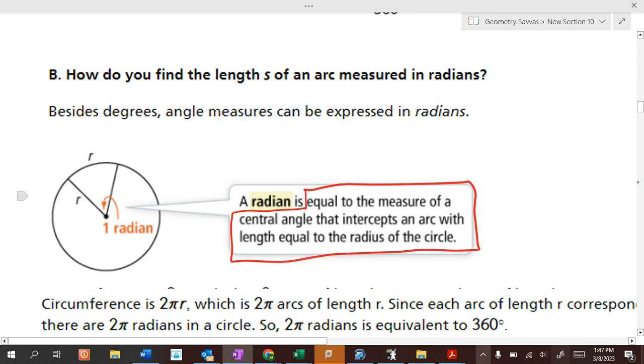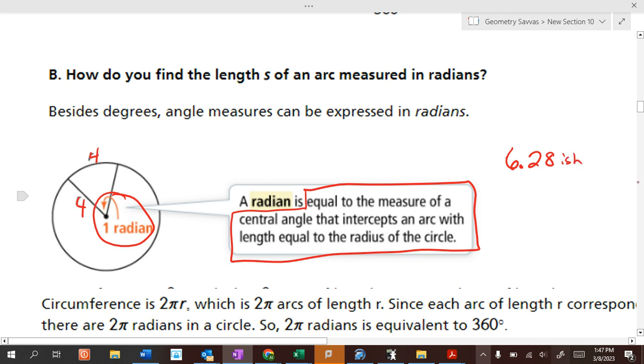So, if this radius is 4 and this arc length is 4, then the measure of the angle would be 1 radian. If the radius is the same as the arc length out here, then the angle in here is 1 radian.